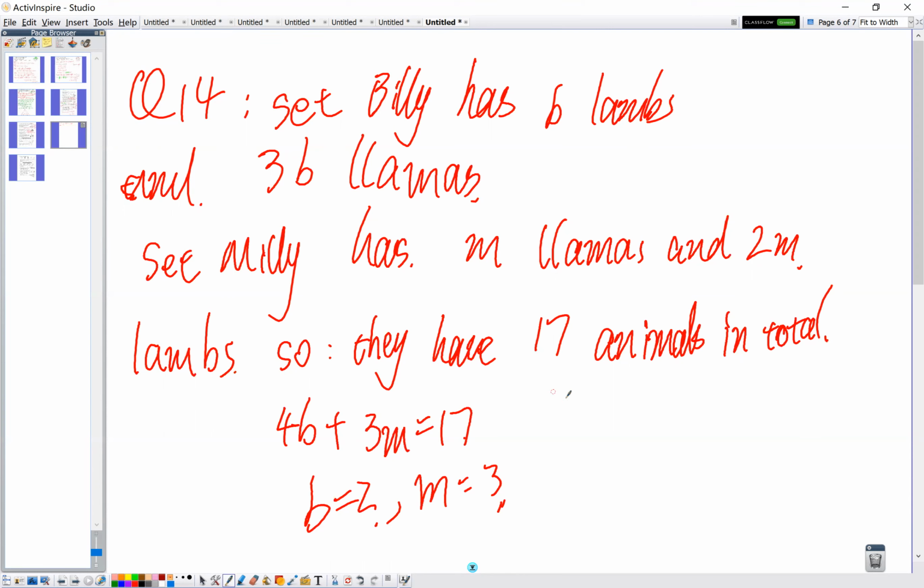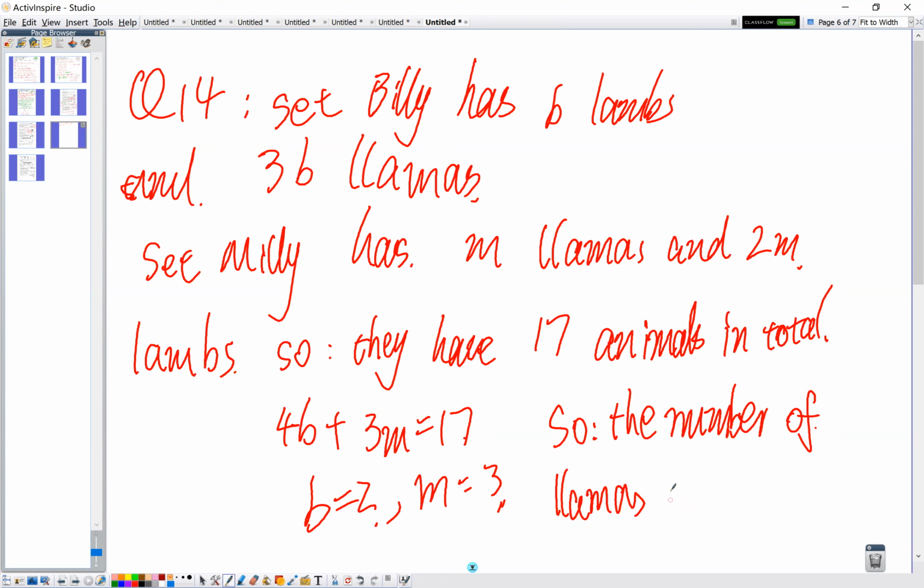So the number is actually 3B plus M. It becomes 3 times 2 plus 3, which is 9. So that is the answer for this question.